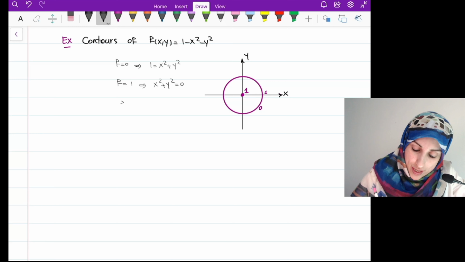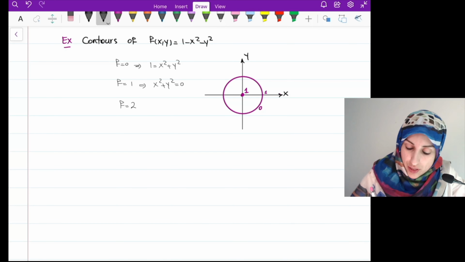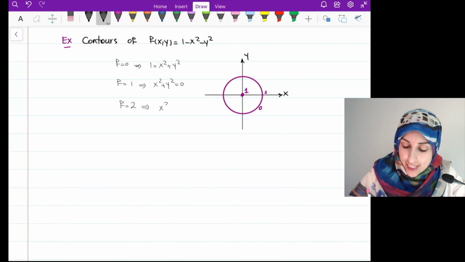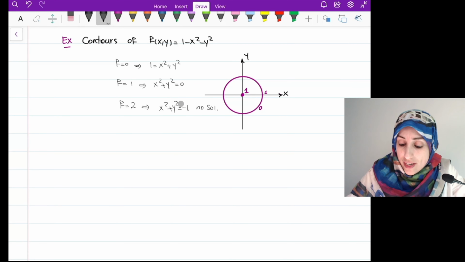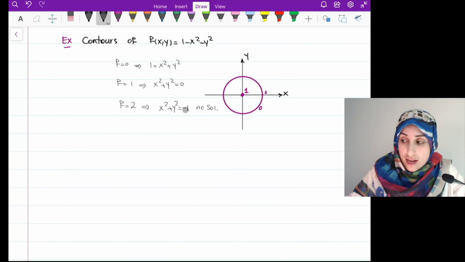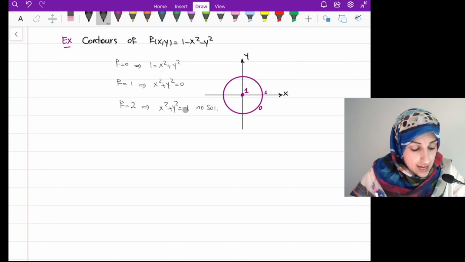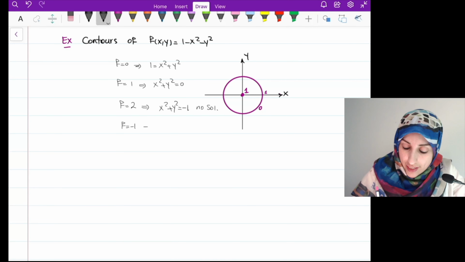And then when f is equal to, for example, 2, I plug in 2 in here. So 2 minus 1, which would be 1. So I get x squared plus y squared equals -1. This doesn't have a solution. No solution. It's just because x squared and y squared, both of them are positive.